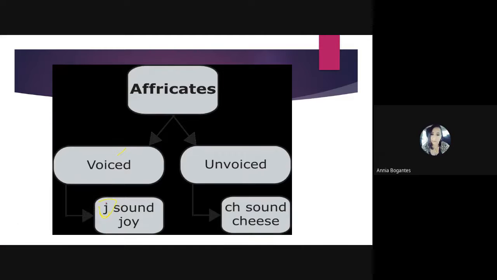Joy, as in joy. Voiceless or unvoiced, as in cheese.